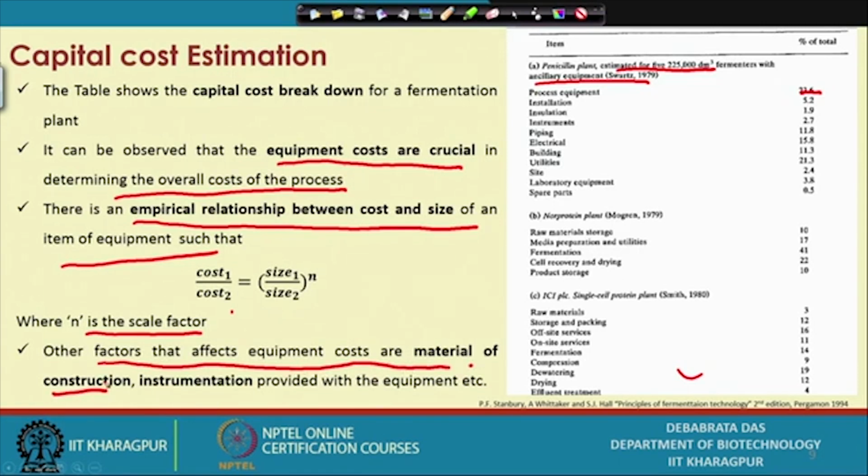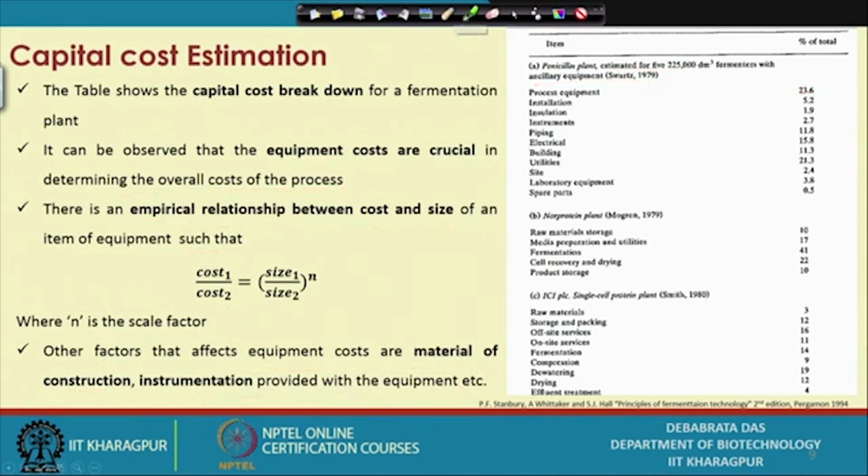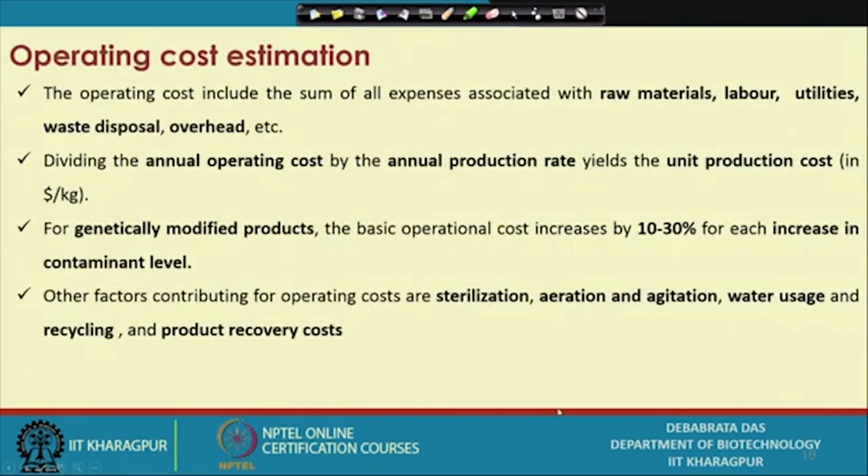I told you that in the fermentation industry mostly we use SS316 as a construction material. Instrumentation provided with the equipment also matters: the more instruments we use, the more the cost involved will be.